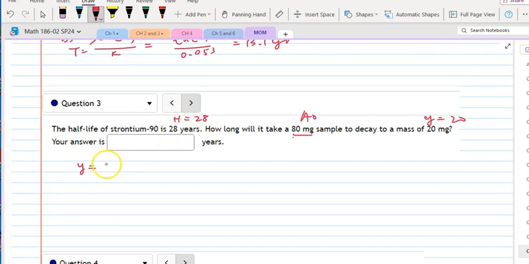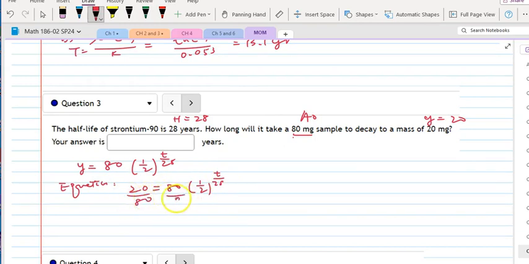So we can say y equals 80, A0, times (1/2) to the power of t over the half-life, 28. To decay to 20, the equation is 20 equal to 80 times (1/2) to the power t over 28.